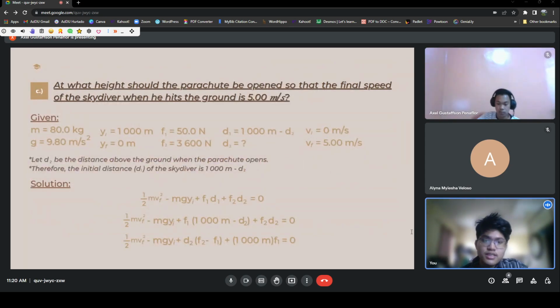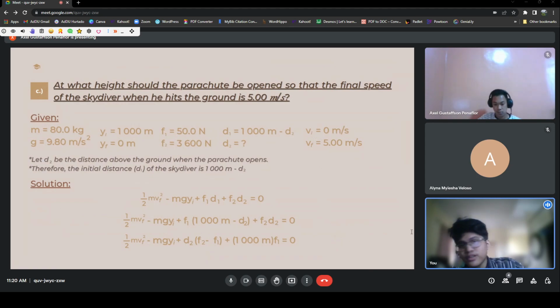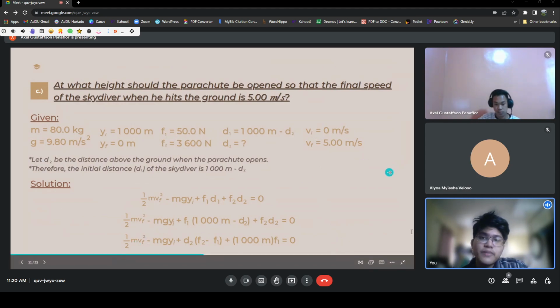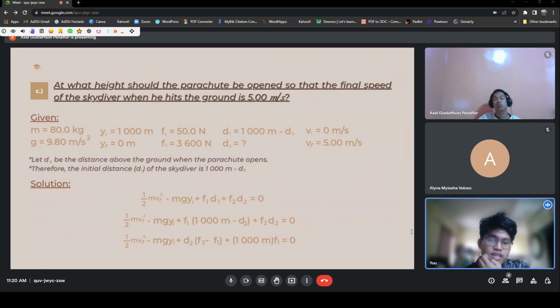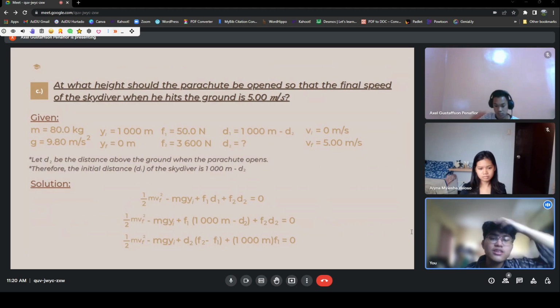Moving on with letter C, we'll be using the same values except the final velocity is 5 meters per second and we are looking for d sub 2. First, we must apply the concept of conservation of mechanical energy, where the overall difference of kinetic energy plus potential energy and the force of air are related as previously. We'll now be utilizing the formula by substituting certain values in the equation. After that, substitute the initial distance when the parachute opens, which is 1000 meters minus d sub 2.